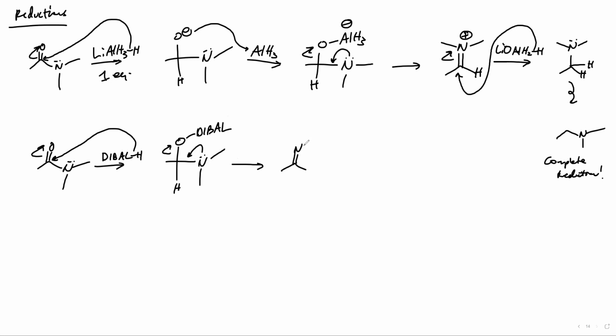And what that results in is an iminium. Now, recall again that we have an iminium and we have an amide. Who is DIBAL going to react with, right? Who has more electron density in their pi bond? It's the amide. So we never have to worry about the iminium reducing again to the amine. Okay, it's not what's going to happen.